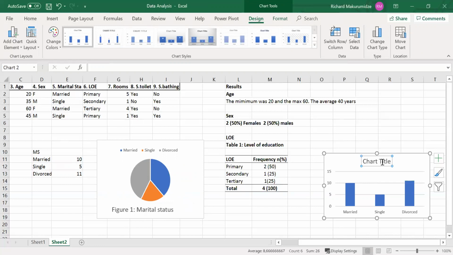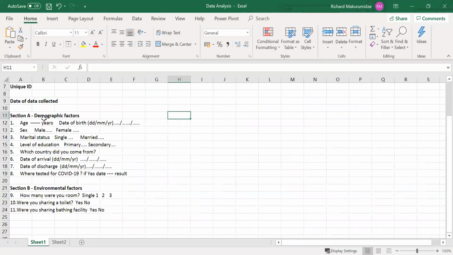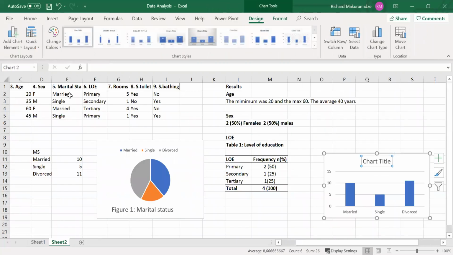So I hope you're understanding what I'm trying to say. With data analysis, first you have your questionnaire. You then get these questionnaires and enter them into a database. Then from that database, you can start analyzing. If your values are like age, you can do your average, minimum, maximum, range, and all those things.